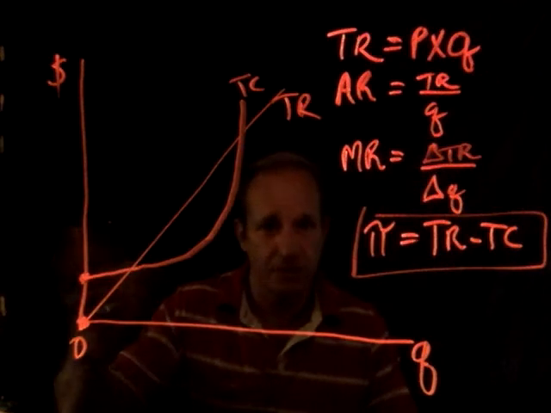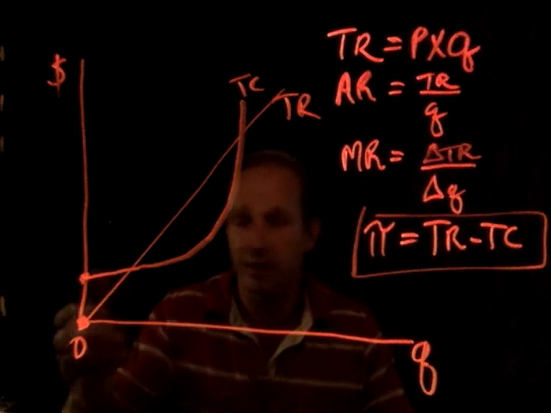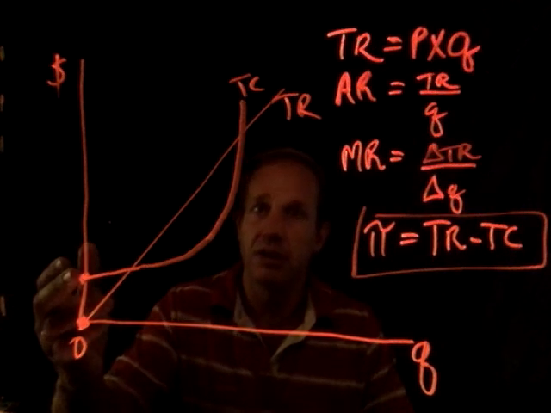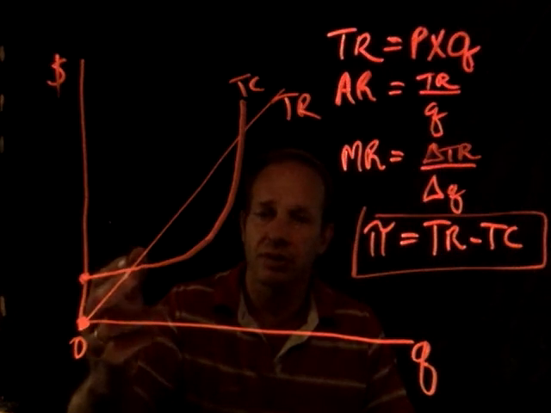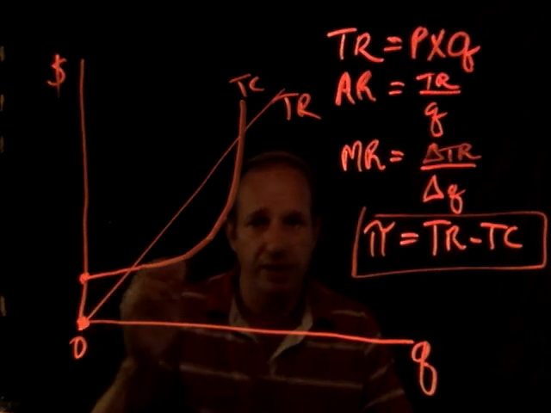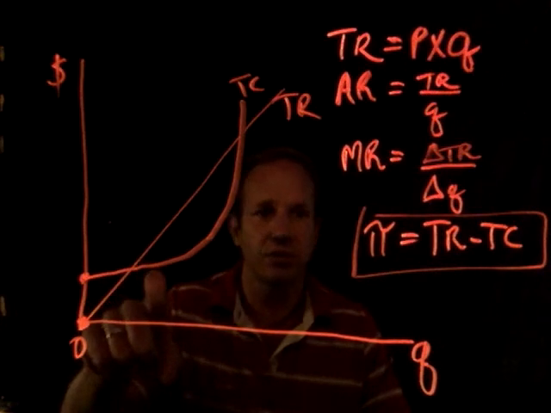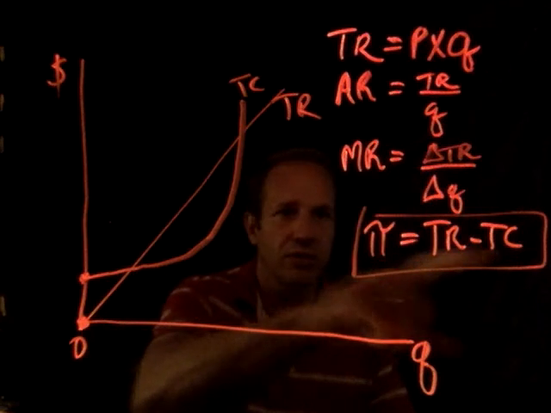If they produce at zero, obviously they're not making money, so that feels wrong right there, they're operating at a loss. Here they're operating at a loss all the way up to this quantity right here. So this is a break-even point, right? That is where they just begin to have total revenue above total cost. Total revenue minus total cost is profit.